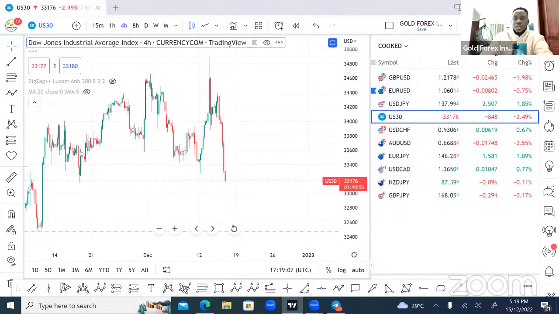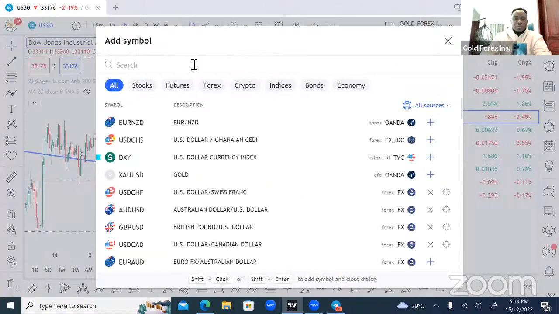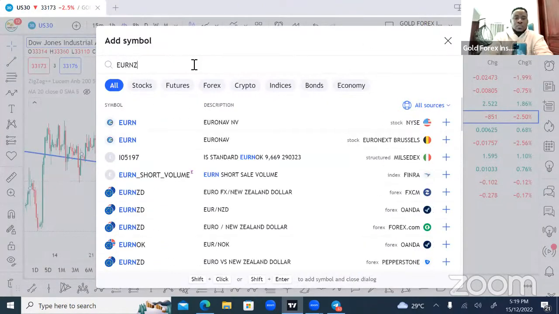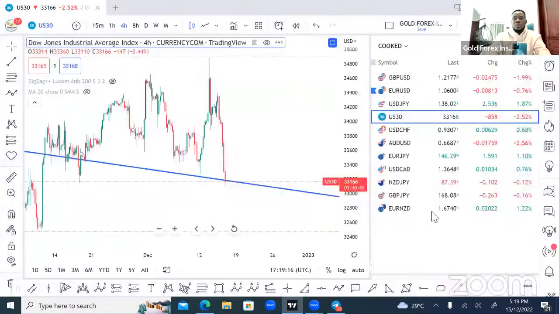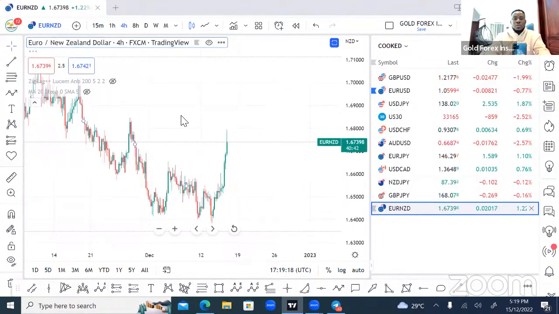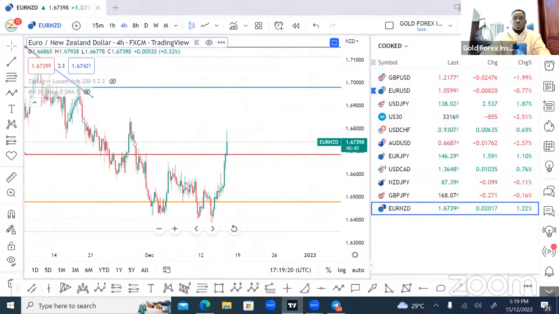Euro NZD. Let me add Euro NZD to the chart.